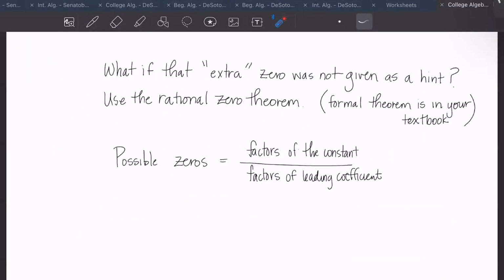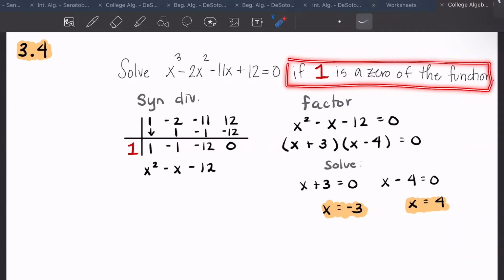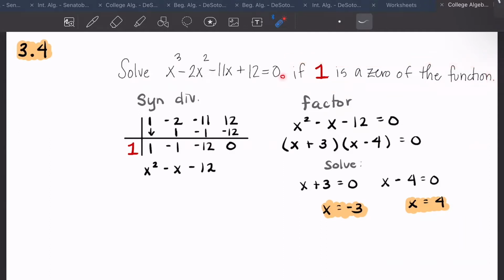So what if that extra 0 was not given as a hint? What do I mean by that? I mean, what if I didn't give you this part, and I stopped after equals 0?